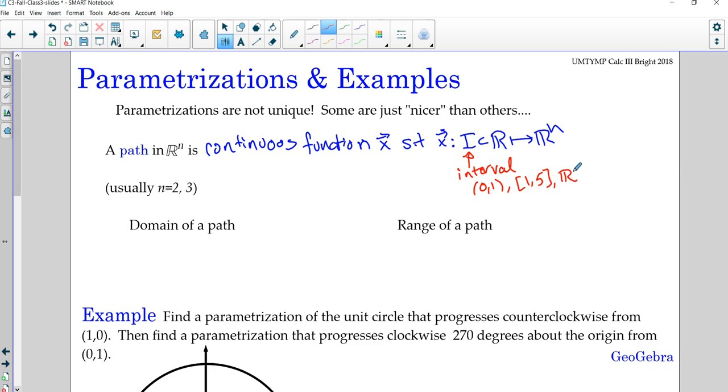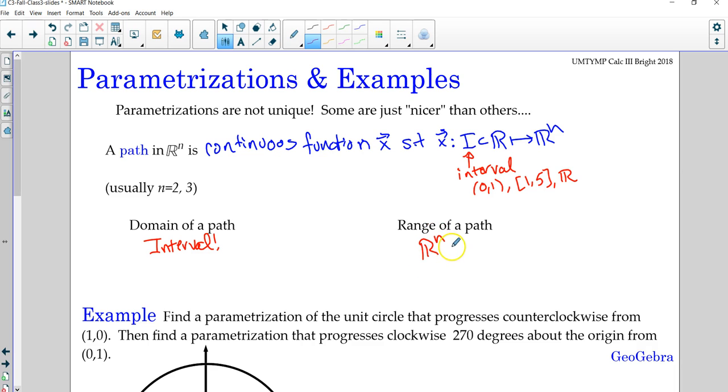Generally, in this course, when we work with parametrizations, they're going to be in either 2 dimensions or 3 dimensions. I would just like to point out that in this definition, the domain is an interval. And similarly, the range of the path is in n dimensions.